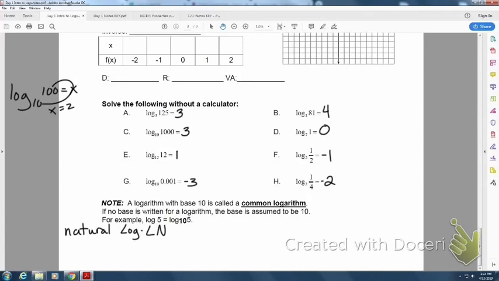So if you had natural log 4 equals 2x, whatever, and you're asked to fishhook this, the base that you would start with would be e, and then you would still fishhook it like we did.